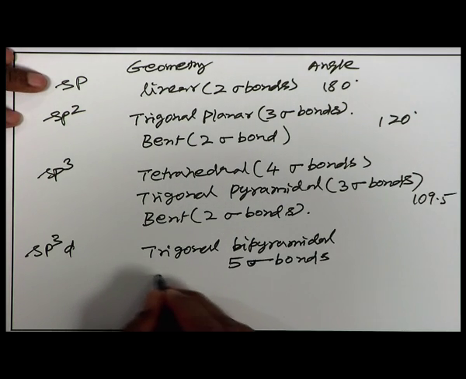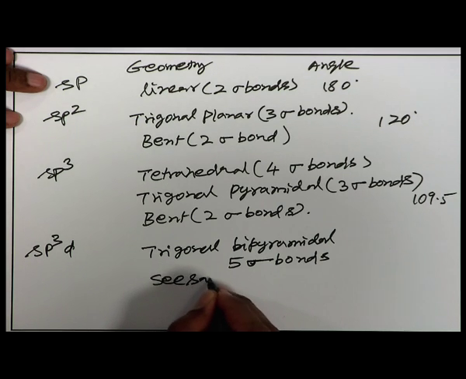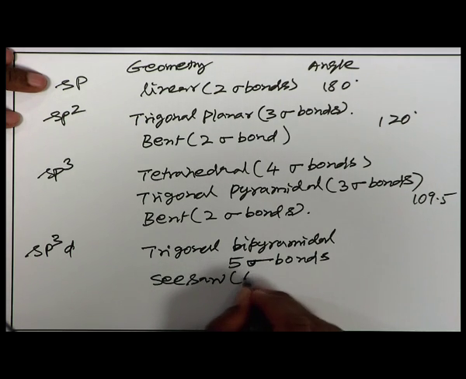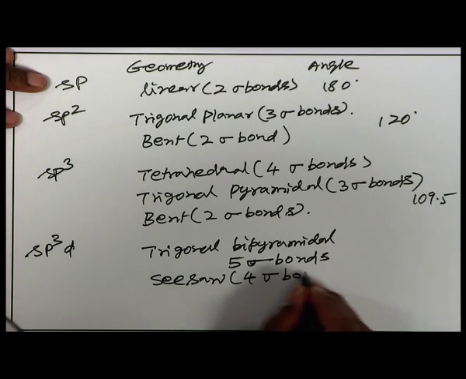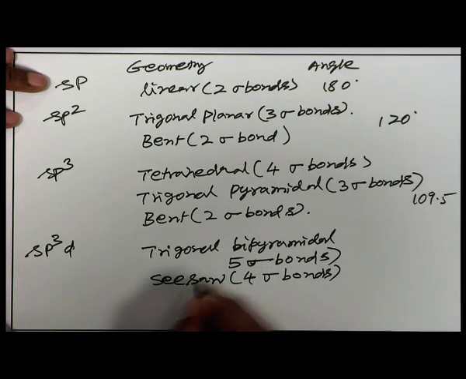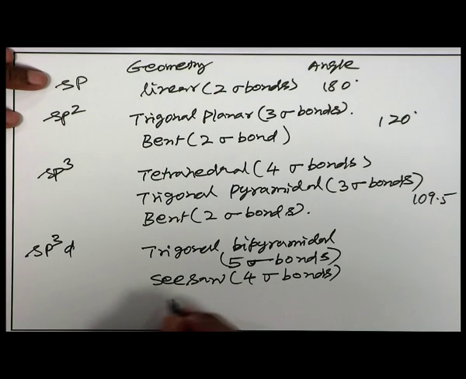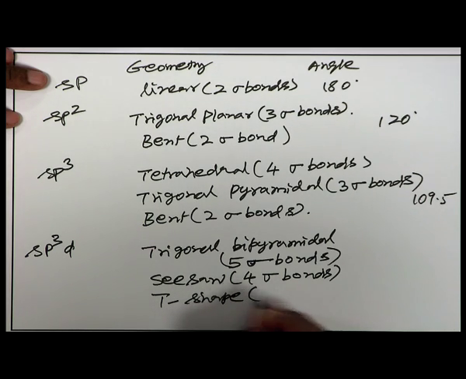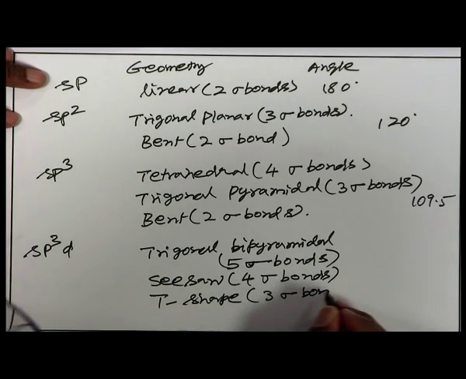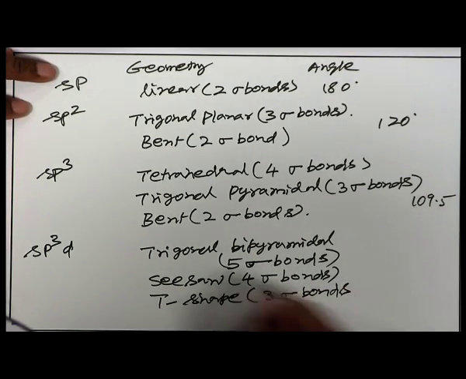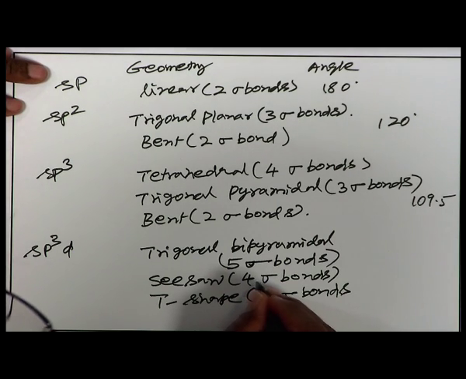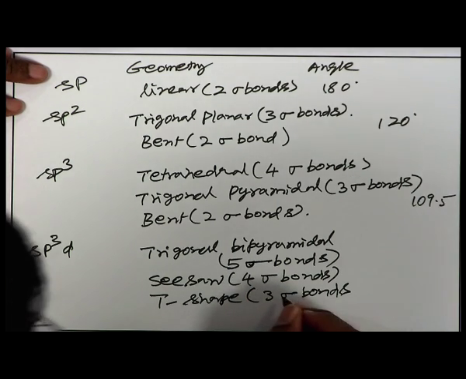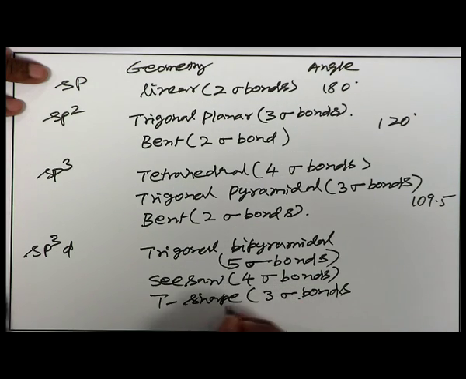Then you can also have a seesaw structure, which has only 4 sigma bonds. You can also have a T-shape geometry. In that case only 3 sigma bonds are there, because there are 2 lone pairs. So the geometry is T-shape.